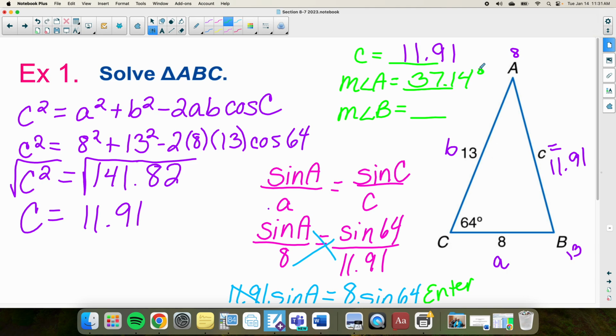For the third angle, the best way to do it is to not check your work with another law of sines, because it doesn't always work out. So the best way to find that last angle is just to add these two together and subtract from what? 180.